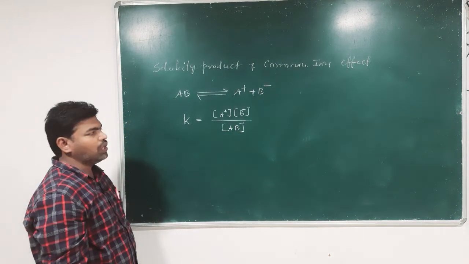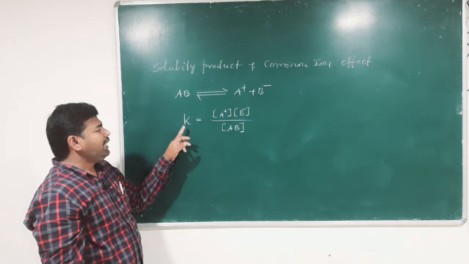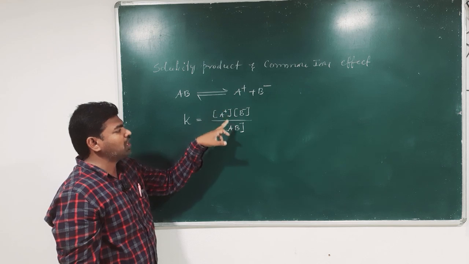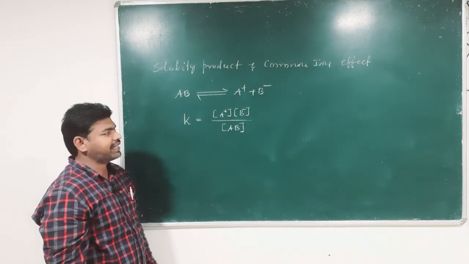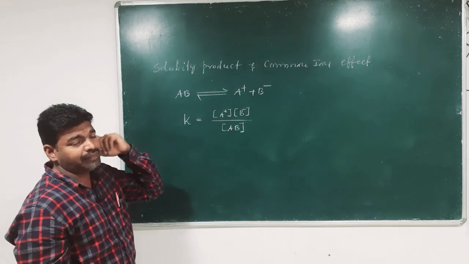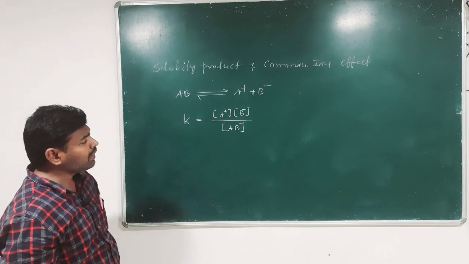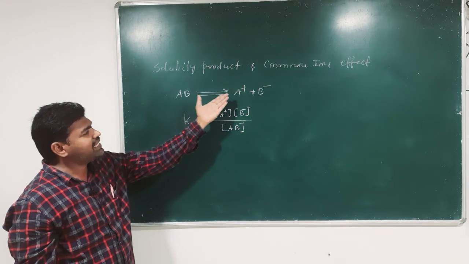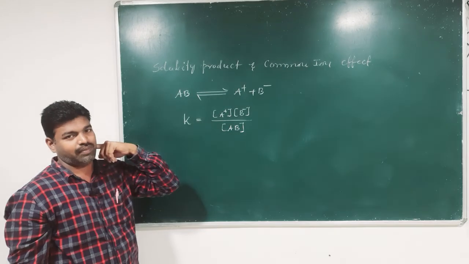Okay. So actually K is equal to concentration of products divided by concentration of reactants. This is the weak electrolyte solution AB, and it dissociates as A plus and B minus.